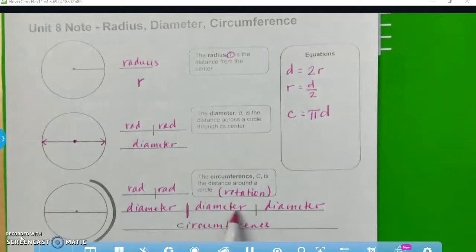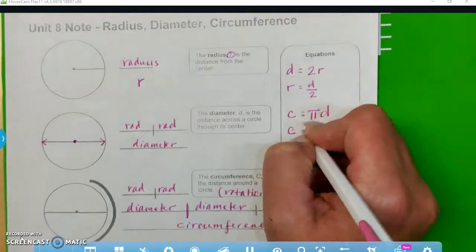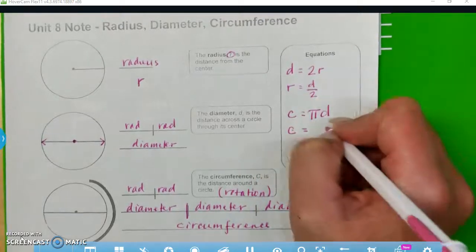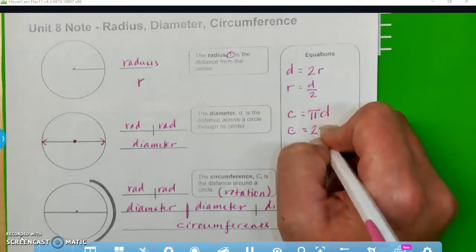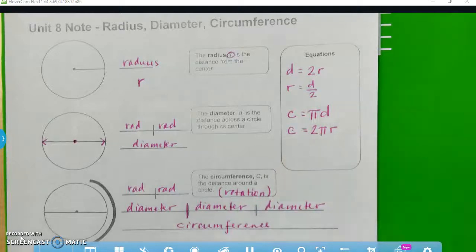So when we do some rounding, this is where that 3 comes from, 3 measures of diameter. Or if we have a radius measure, we would write it as 2 pi r, because we have the relationship that it takes 2 radius to make a measure of diameter.